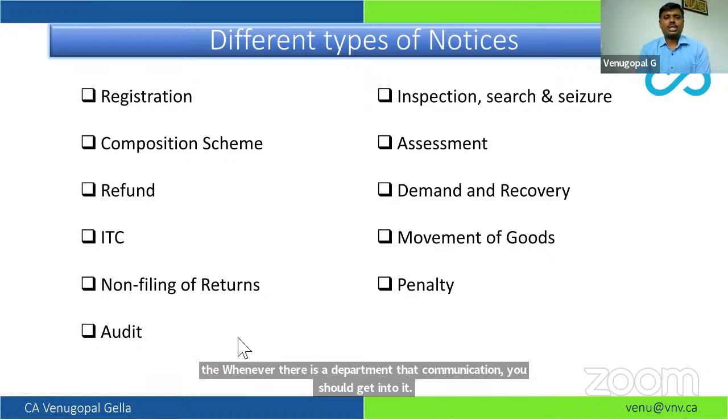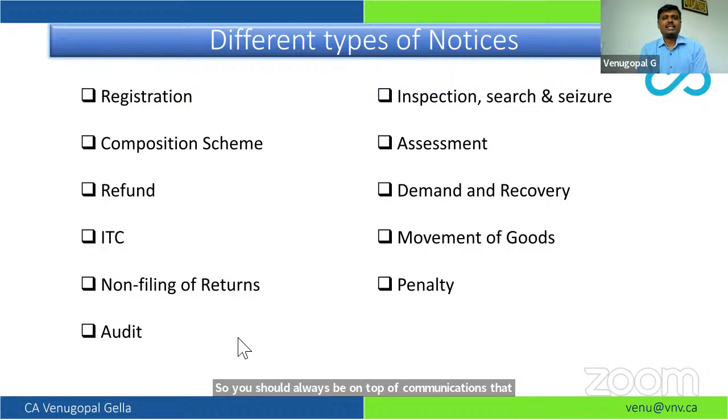Now, when it comes to registration, the immediate form is REG-01 when you make an application. You might also have an acknowledgement. You might have REG-03 seeking additional information, or you have a REG-06 confirming your registration, different types of documents.